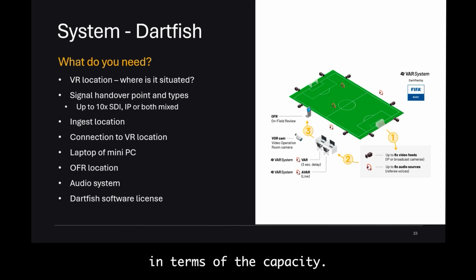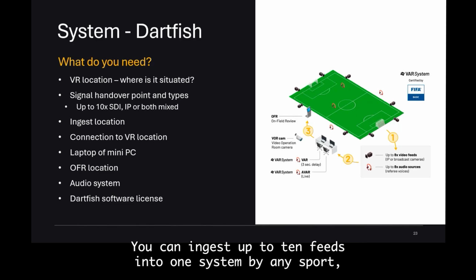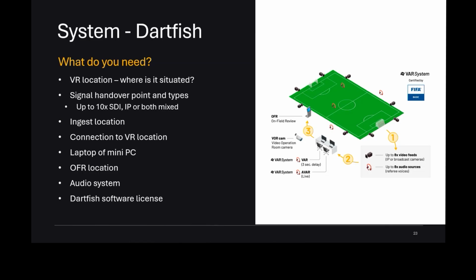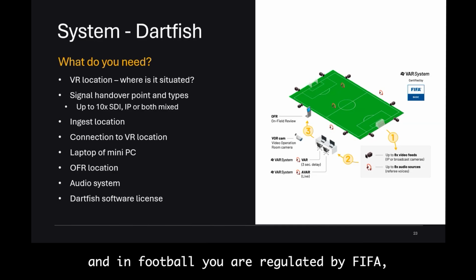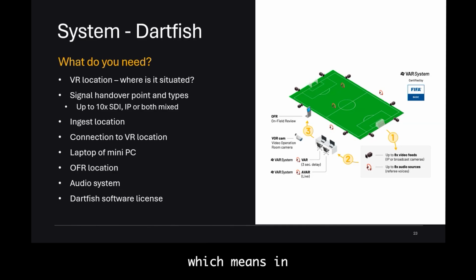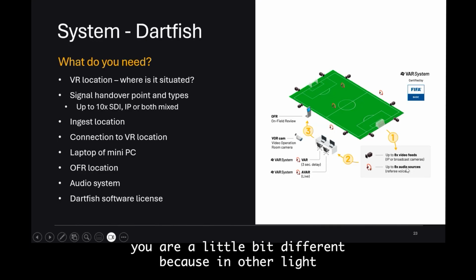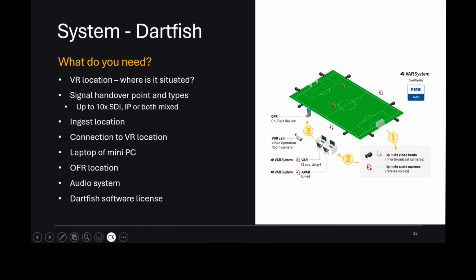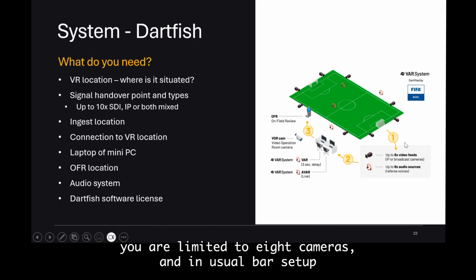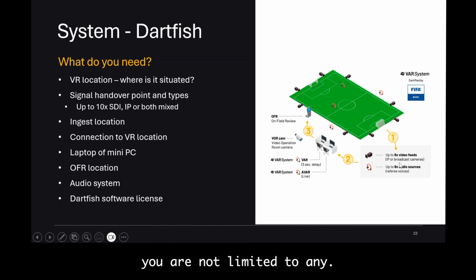In terms of capacity, you can ingest up to 10 feeds into one system for any sport. And in football, you are regulated by FIFA, which means it shows a little bit different: in VAR Lite, you are limited to 8 cameras, and in the usual VAR setup, you are not limited to any.